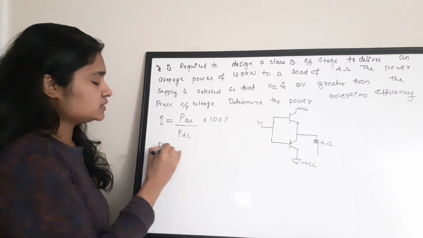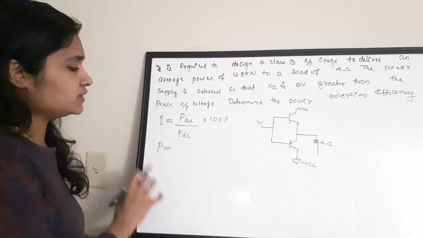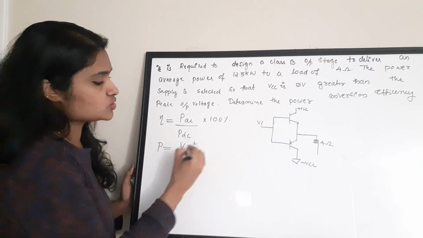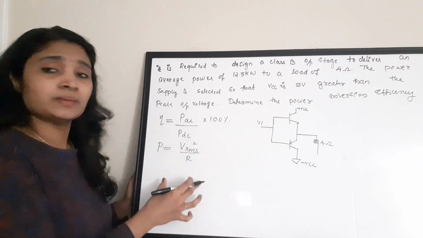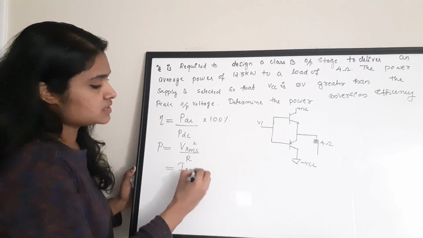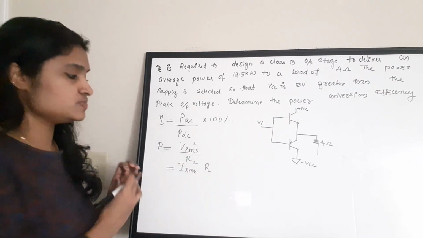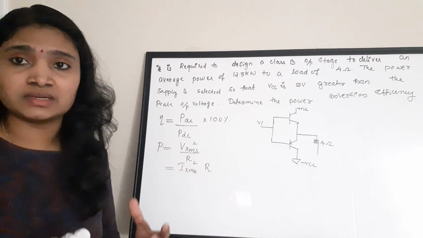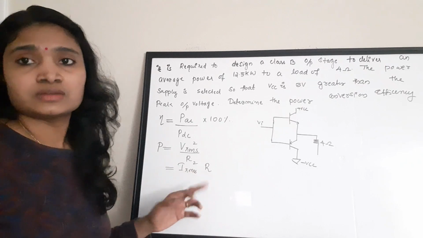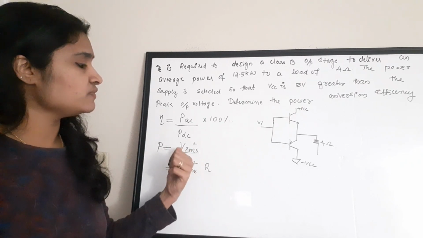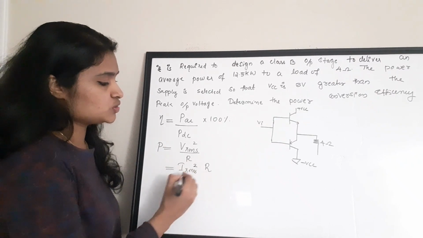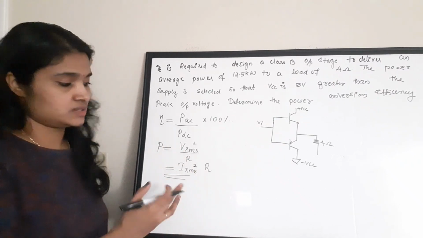Also, the power you can write in terms of the RMS voltage as Vrms square by R. It can also be written in terms of the current as IRMS square into R. We also know that the general equation for power is V square by R, and also we can write I square R. So we are taking the RMS value, Vrms square by R and also IRMS square into R. We can use these two equations.